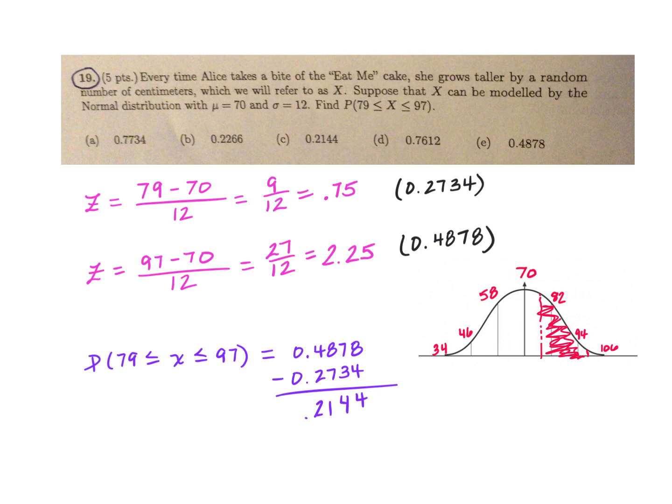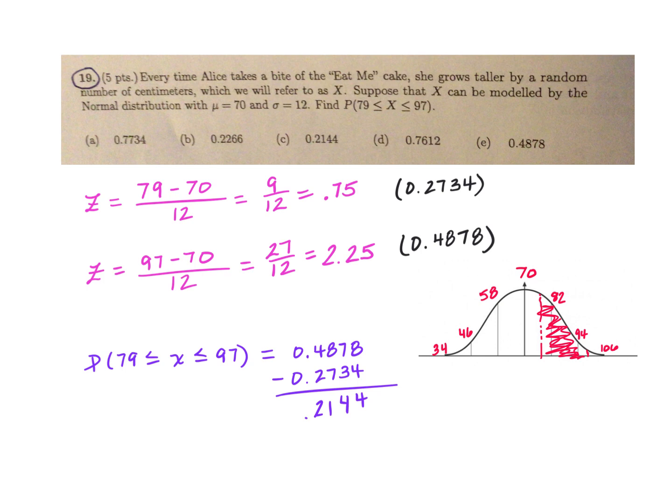So if you do the math there, for the first z-score, you'll get 0.75. And then for the second z-score, where 97 is your x value, you get 2.25. And I've shown my math there. Then you have to use the chart that's attached to the back of your Notre Dame final review. And if you look at the value under A that's associated with the z-score of 0.75, you get 0.2734.